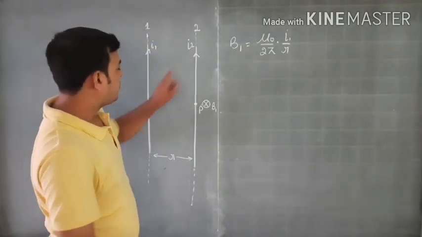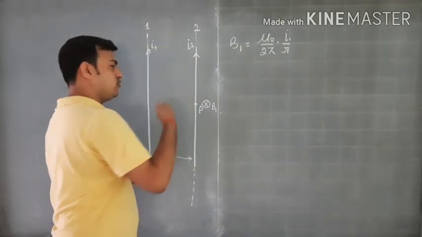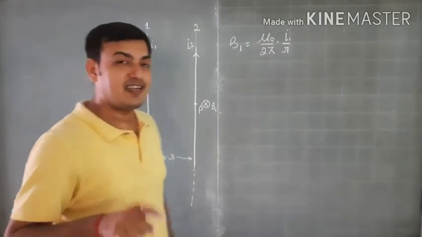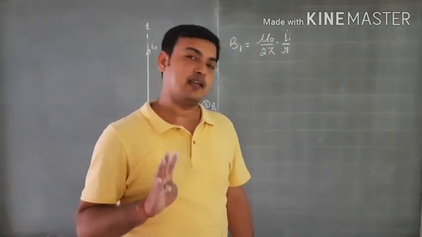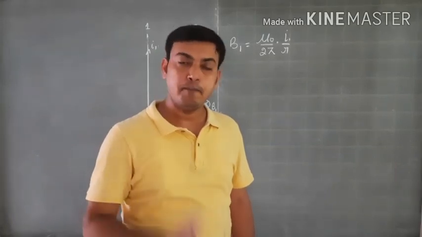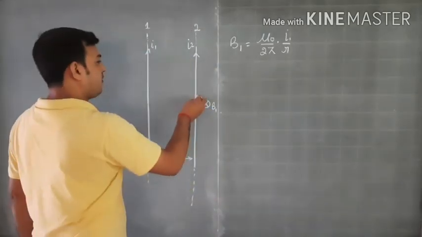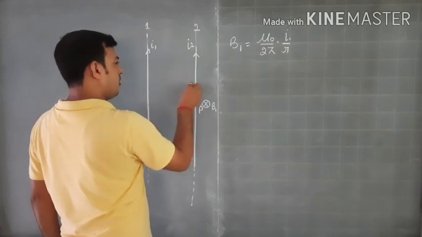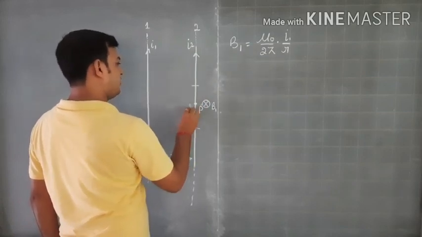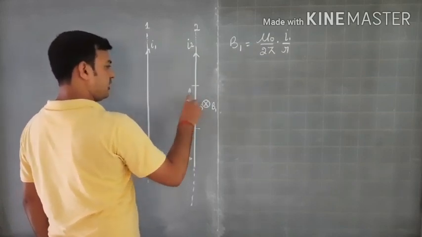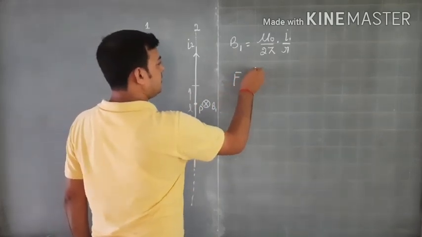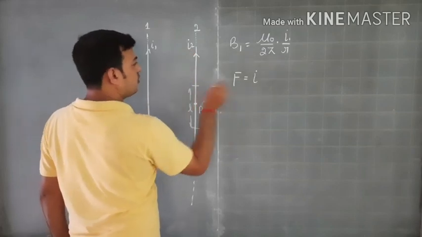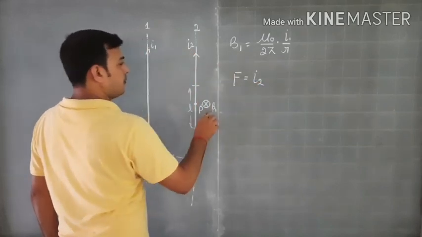Let us see this. The current is in the upward direction, the magnetic field is into the board. So the angle between current and magnetic field is 90, and we studied that in this case the force will be maximum. So if I want the force on L length of this wire, I can write I, that is the current on this wire, so this is I2.